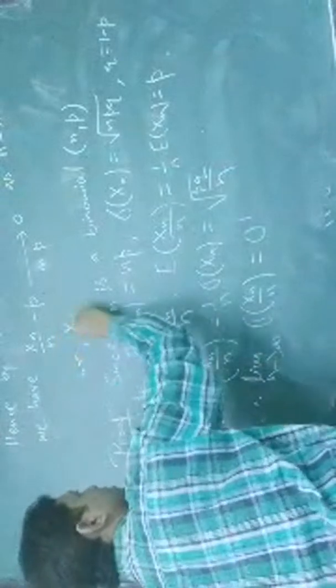Hence by the theorem we have Xn by n minus p tends to 0 in p as n goes to infinity. That is, Xn by n tends to p. That proves the theorem.